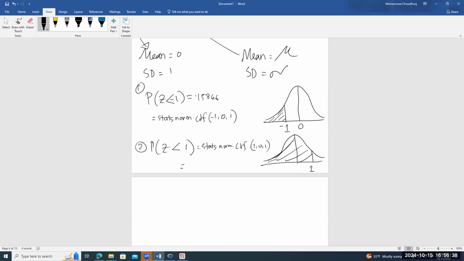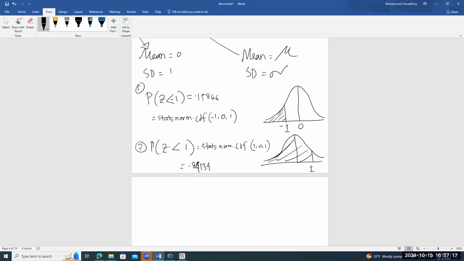You will get 0.84134. Let me see, this is equal to 0.8413 and so on.